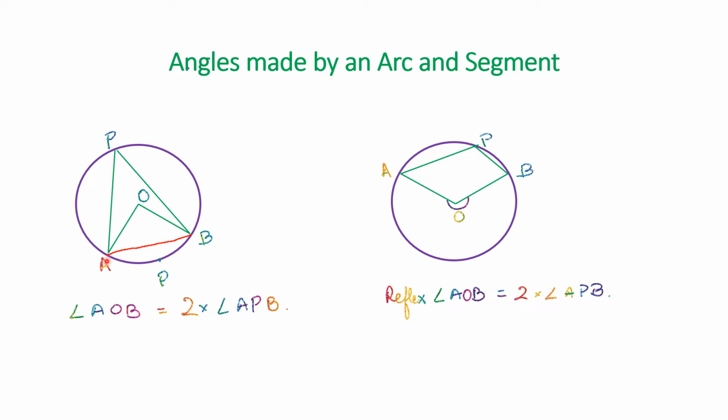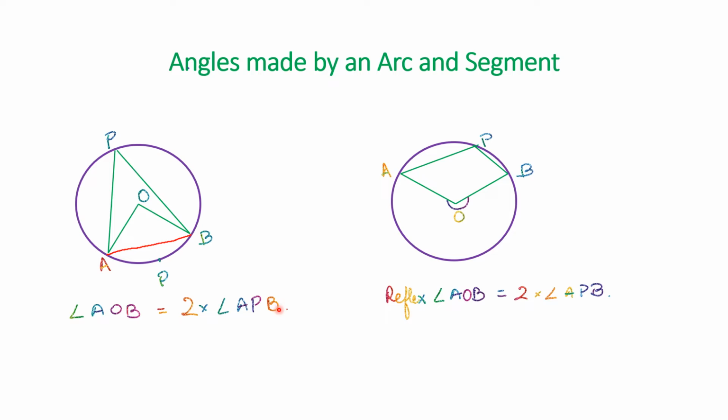So whether I say arc APB or chord AB, both of them have the endpoints A and B. The angle subtended by the chord AB at the center is going to be angle AOB, and the angle subtended by the chord AB on the circumference of the circle is going to be angle APB. The relation between angle AOB and APB is angle AOB is equal to 2 times angle APB.